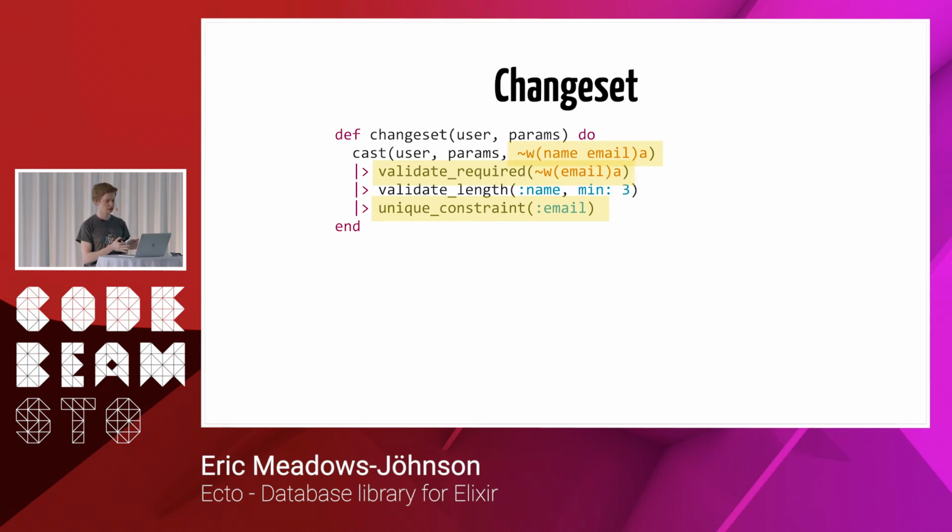So instead of doing this as a normal validation, we describe the constraint that the database has, and later, instead of doing the validation immediately, we take the error that the database has returned, and we present it as a validation error.